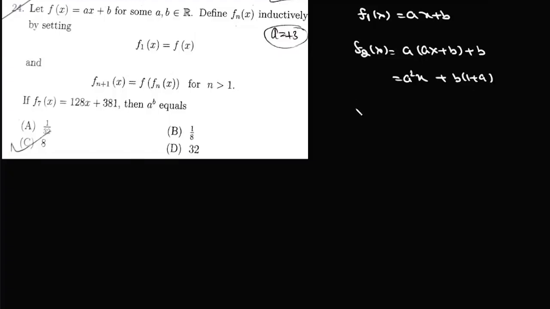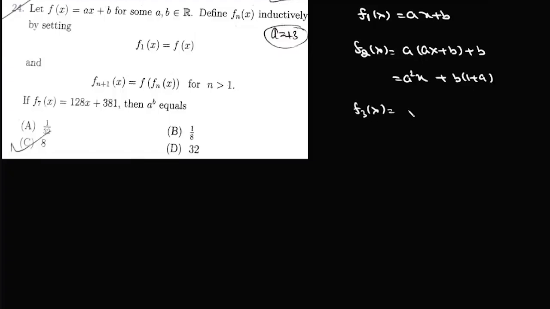Now in question number 24, we are given f1(x), which is ax plus b. Now f2(x) will be a into (ax plus b) plus b. So there will be a square x plus b into (1 plus a).